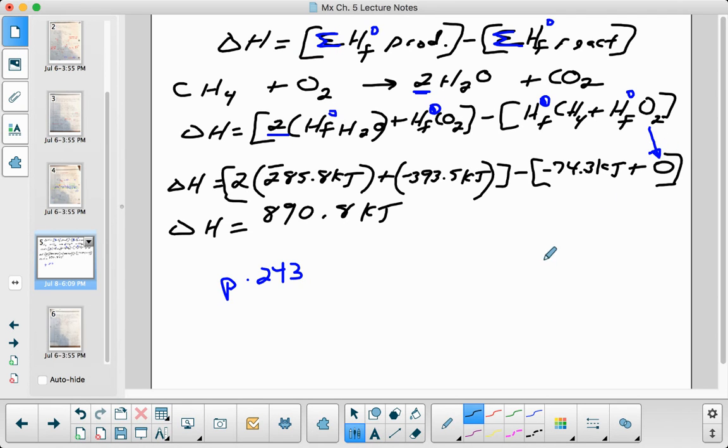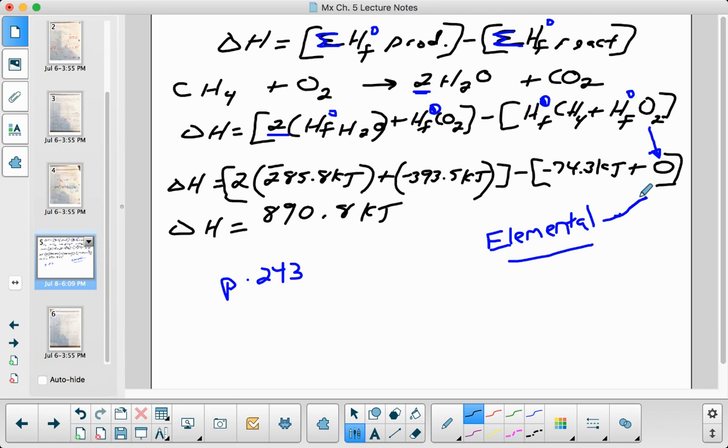So what you need to know is that elemental substances include anything like a solid metal, any of your gases that exist in the molecular form, oxygen, hydrogen, nitrogen, fluorine, chlorine, anything that's elemental will have a value of 0.